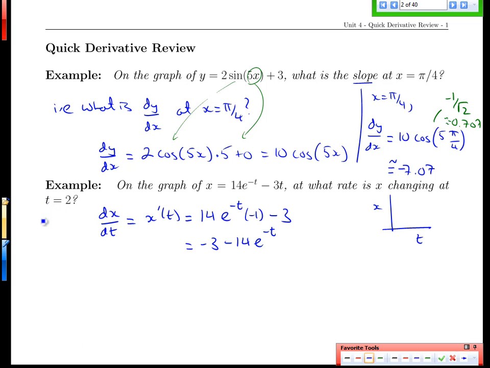Now again, we want to evaluate that at a particular point, so we just sub in the value t equals 2. So x prime of 2 is minus 3 minus 14 e to the negative 2. So we can demonstrate pretty easily how to calculate the slope values for a graph at a certain point using the derivative rules we've learned.